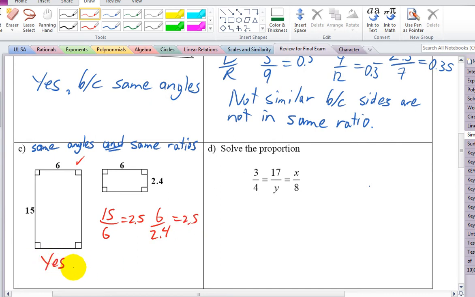So yes, they're similar because they have the same angles and the same ratios.